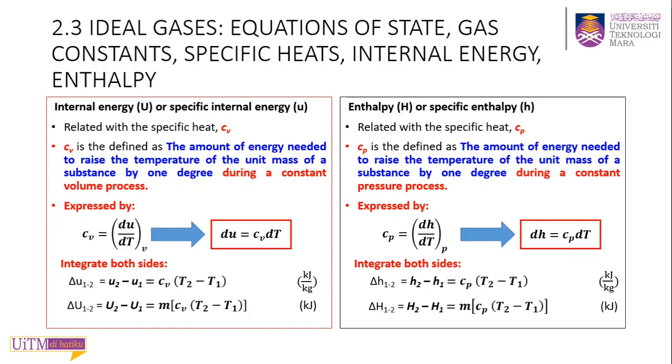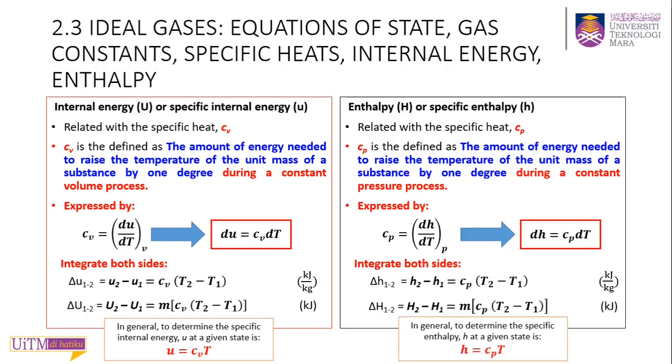When we look at both of these equations, both are used to determine the change, whether in specific internal energy or specific enthalpy. But if we look closely at the equations to determine the properties at one state, for u it is simply u equals Cv T, and for h it is simply h equals Cp T.